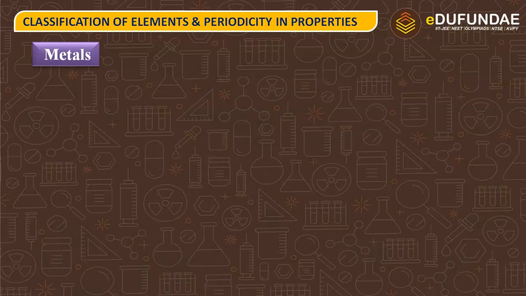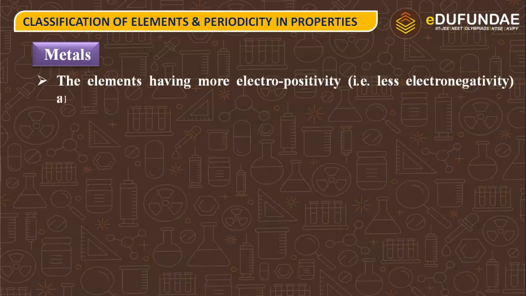Next is metals. What are metals? The elements having more electropositivity, that is less electronegativity, are called metals. What is electropositivity? The elements which readily lose one electron show the electropositivity of the element.